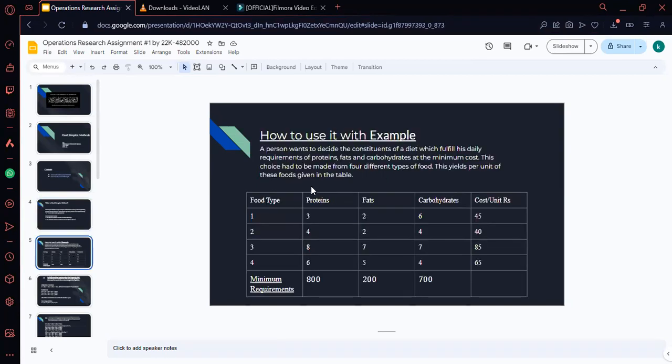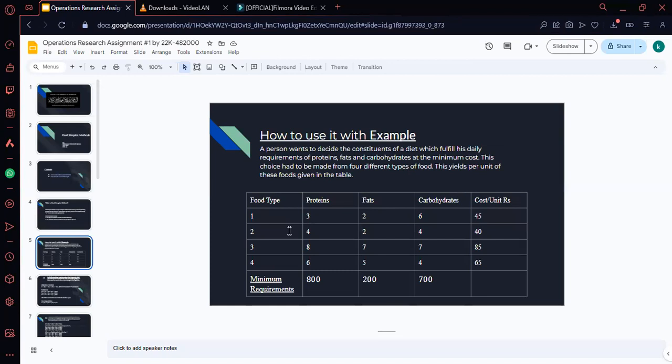Let's start with an example like the one given here. It is written that a person wants to decide the constituents of a diet to fulfill his daily requirements of protein, carbohydrates, and minimum cost. The word minimum indicates that the problem is of dual simplex method type and a minimization objective function will be given here.